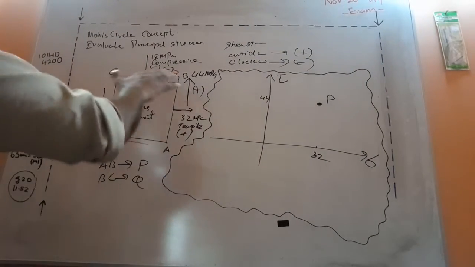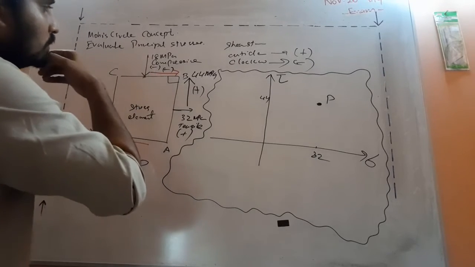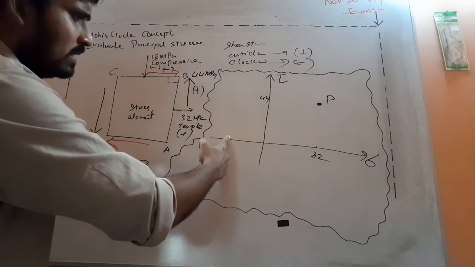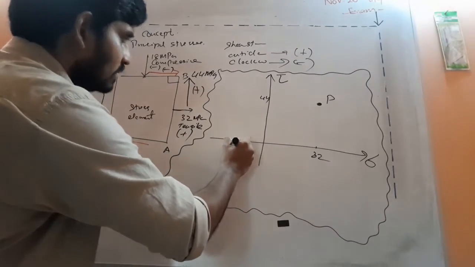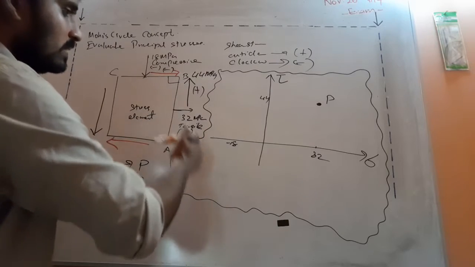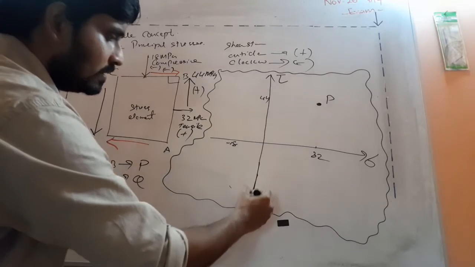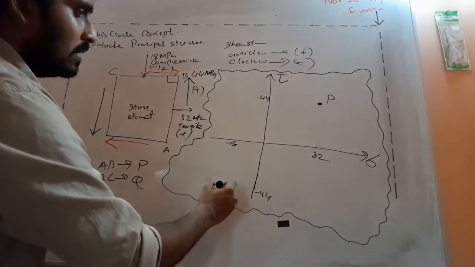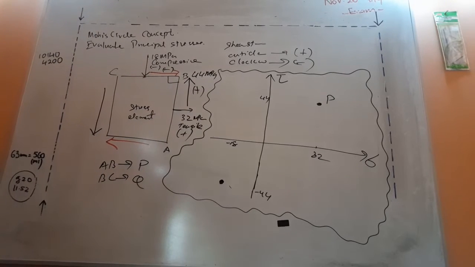Now consider this side. This is compressive, so it is negative normal stress, so that may be somewhere here, minus 18, right? And shear stress clockwise is negative, so it is somewhere here. Let's say negative 44 is here.